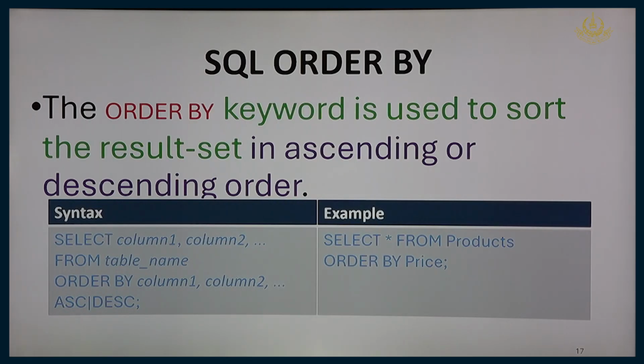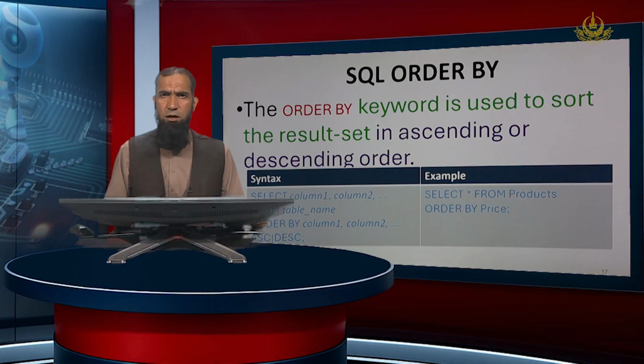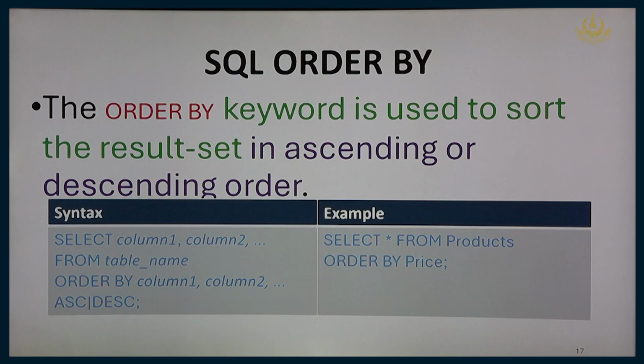Once we have retrieved our filtered data, we might want to organize it. The order by clause allows us to sort the results in either ascending or descending order. For example, we can use select star from products order by price. This gives us the values from minimum to maximum.